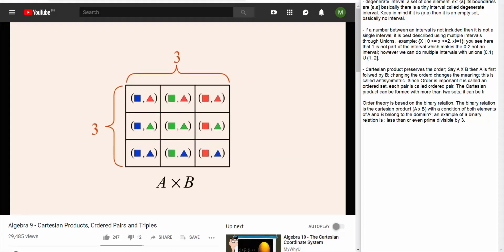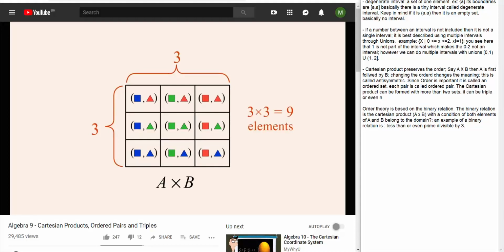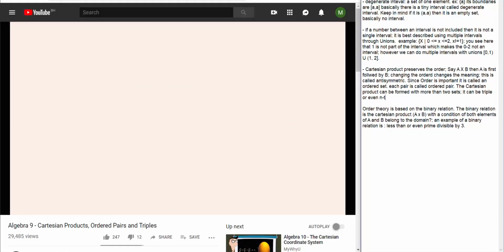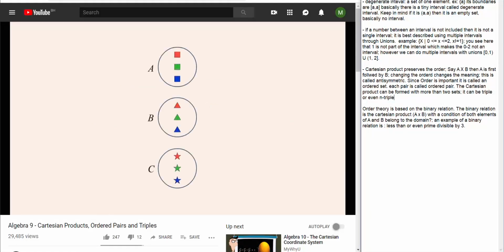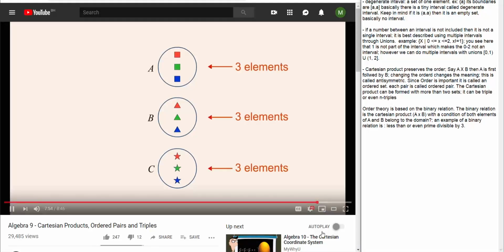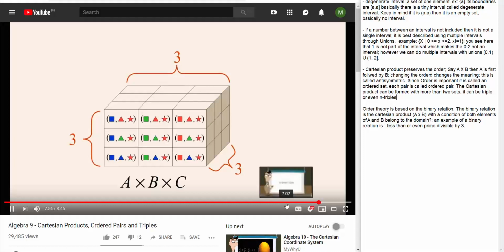The resulting Cartesian product fit into a 3x3 grid containing 9 elements. When we form the Cartesian product of 3 sets, each containing 3 elements, the resulting Cartesian product fit into a 3x3x3 grid containing 27 elements.